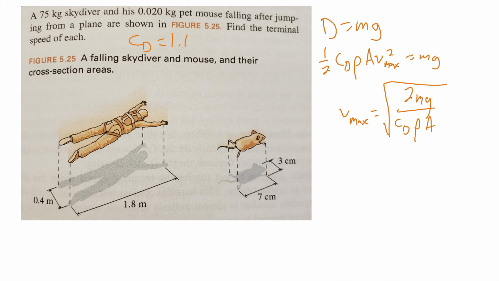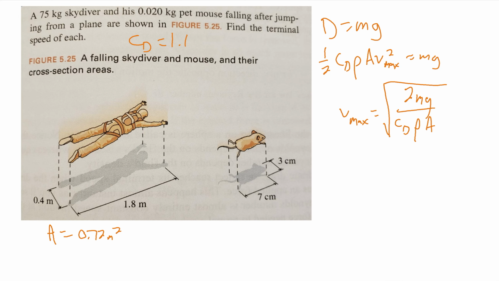So the cross-section area for the man. Let's figure that out real quick. What will it be? 0.4 times 1.8 is 0.72. Meters squared.